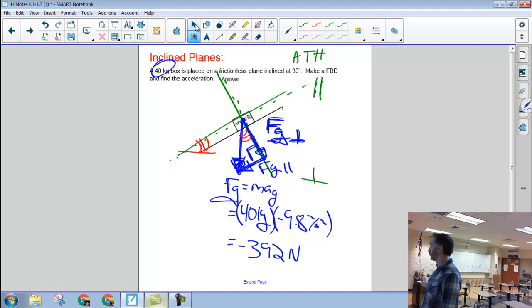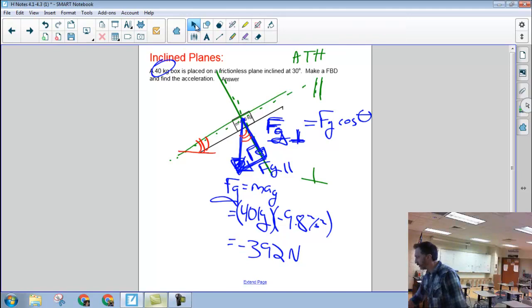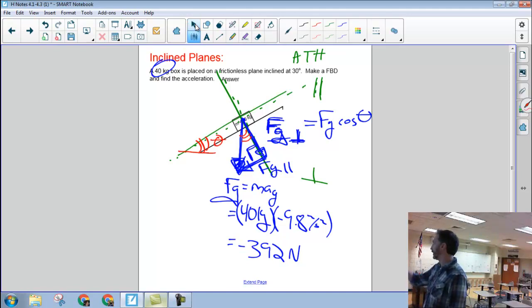So we're actually going to use cosine to find that. To find the perpendicular side, you take FG and multiply by the cosine of your angle, where your angle is theta, and again, it's the same as this angle in here. And then similarly, you can find your parallel component by using the sine.